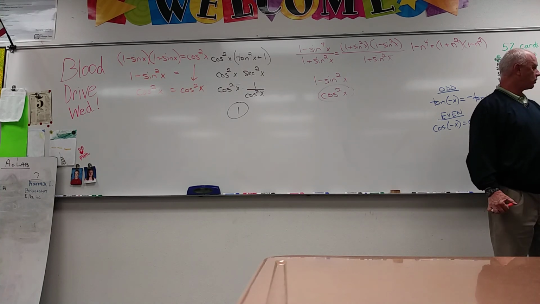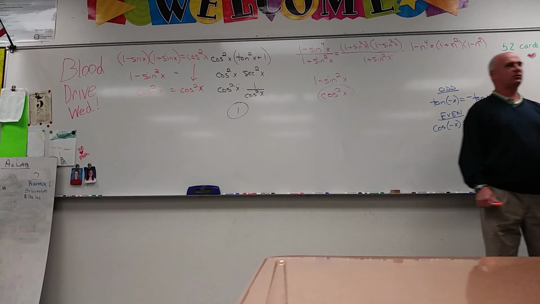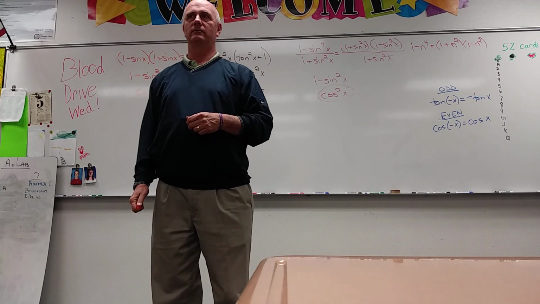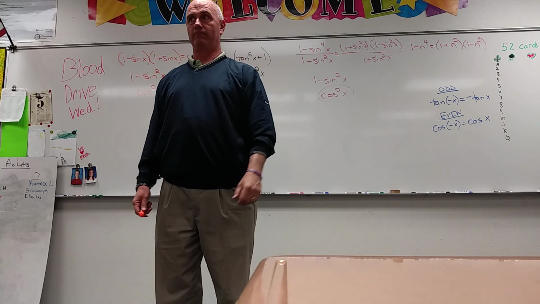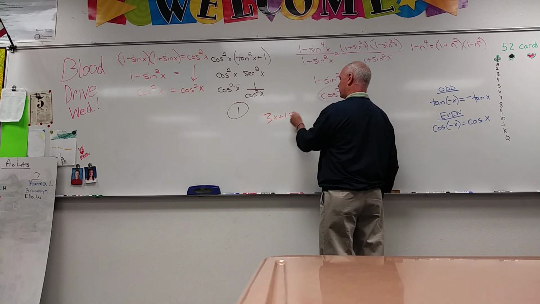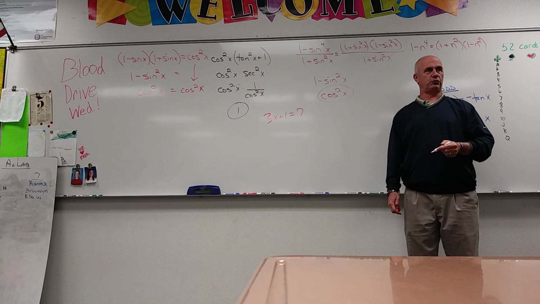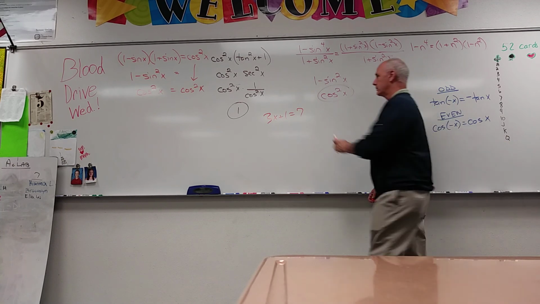It says determine whether the equation is an identity, a contradiction, which would mean it's not true, or a conditional equation, which means it's true if x equals 2 or something like that. In other words, 3x plus 1 equals 7. That's a conditional equation, because it's true if x is 2.